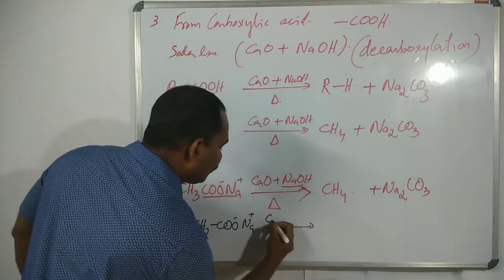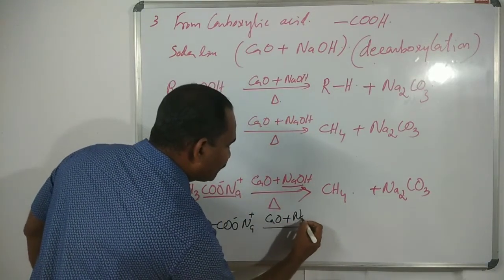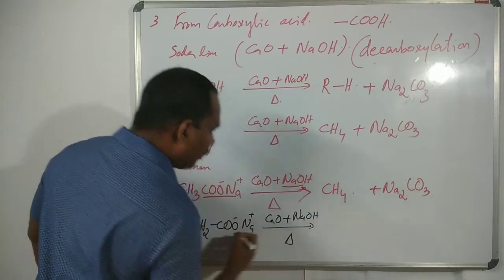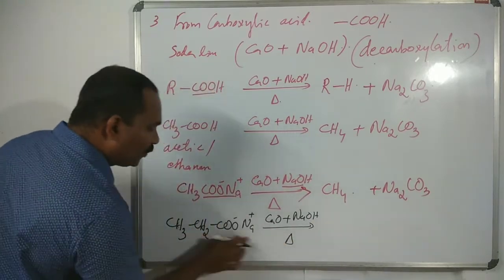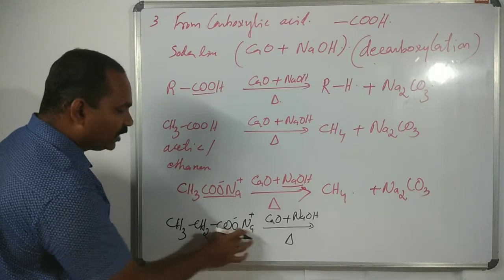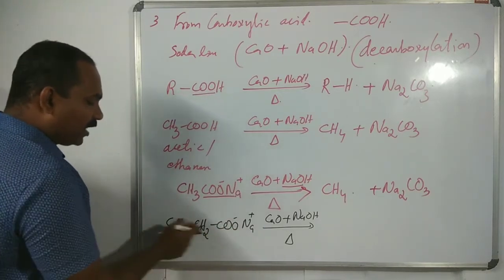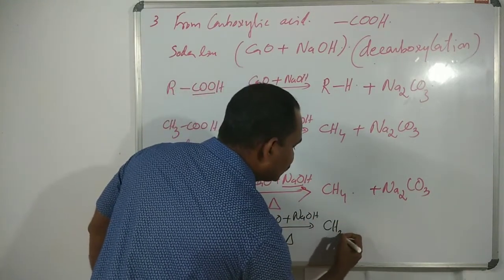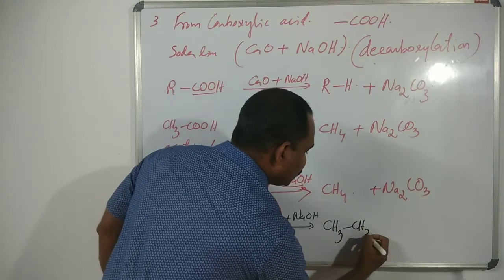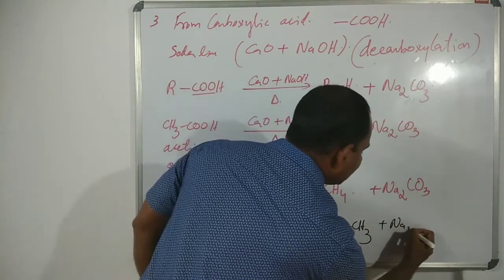In the presence of soda lime, what do we get? The group is removed. Decarboxylation. This group is removed and hydrogen is added to the alkyl group. So Na2CO3.